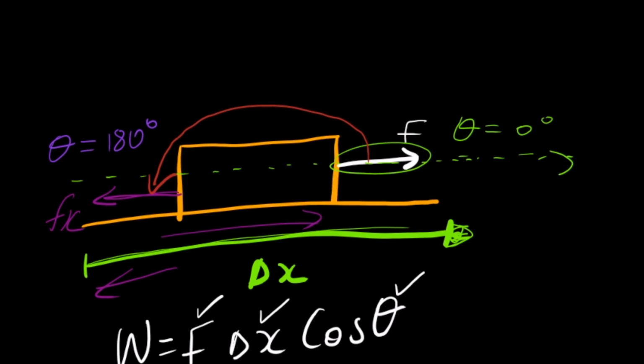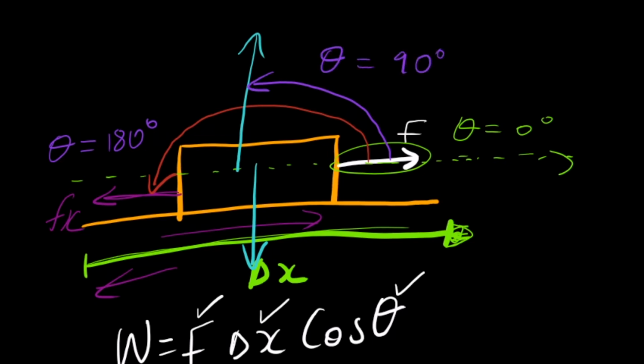We are trying to prove that for the normal force and the force of gravity, there's no work done by these forces. Let us look at the angle between the displacement and the normal force. This angle is 90 degrees.